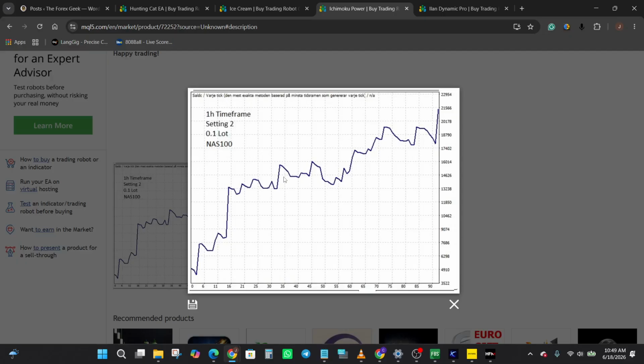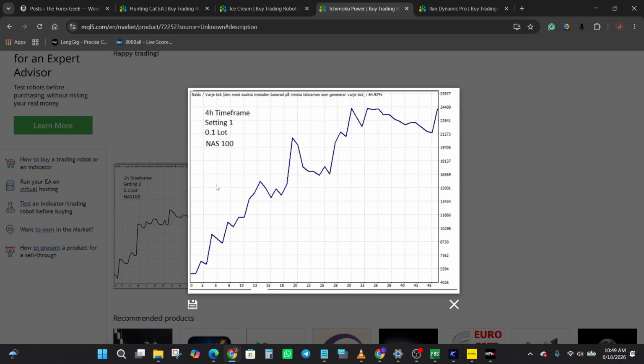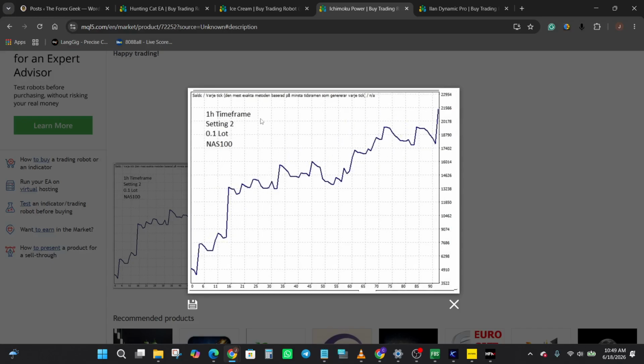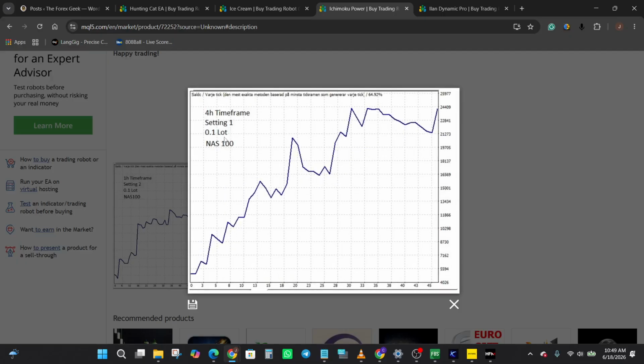Since the EA is specifically built around Ichimoku, the historical chart activity can help us evaluate how the system responded to different market conditions on the recommended NAS 100 instrument and the suggested time frames. But let's first of all just look at what we have here. This is for the 1-hour setting 2, 0.1 lot on NAS 100. This is for 4-hour time frame setting 1, 0.1 lot NAS 100.